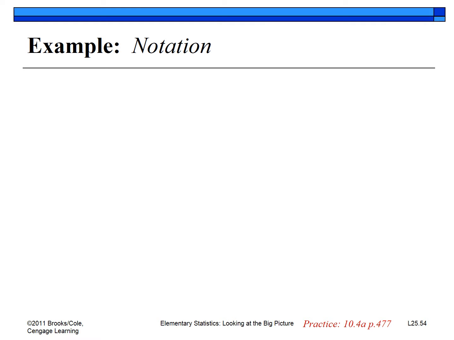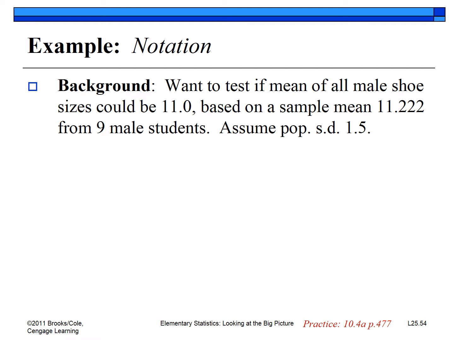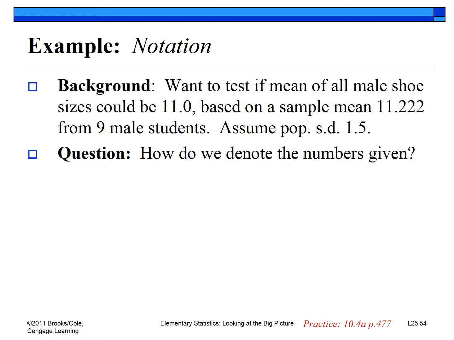Let's talk real quick about the notation. If we want to test if the mean of all male shoe sizes could be 11, based on a sample of 9 male students with mean 11.222, and we'll assume the population standard deviation is 1.5. For each of these 4 numbers, what notation will we use to signify them?